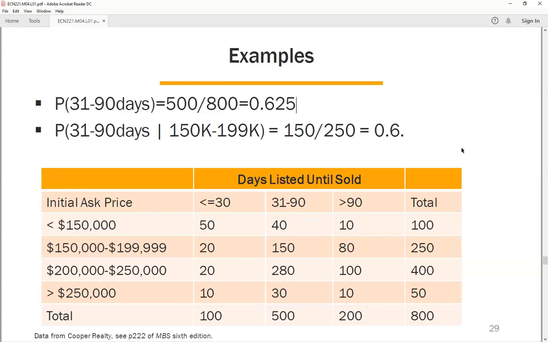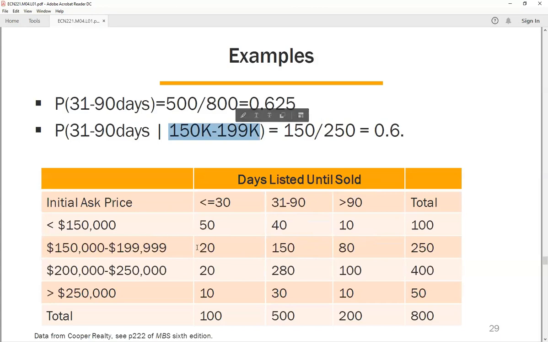So the 150 in the numerator here is the joint probability of being 31 to 90 days and having an initial asking price of $150,000 to $199,000. So where do I see that? I've got the 31 to 90 days. I've got the $150,000 to $199,000. And where's their intersection? It's here at 150. And then I want to get the marginal probability of what? The marginal probability of being listed initially at $150,000 to $199,000.